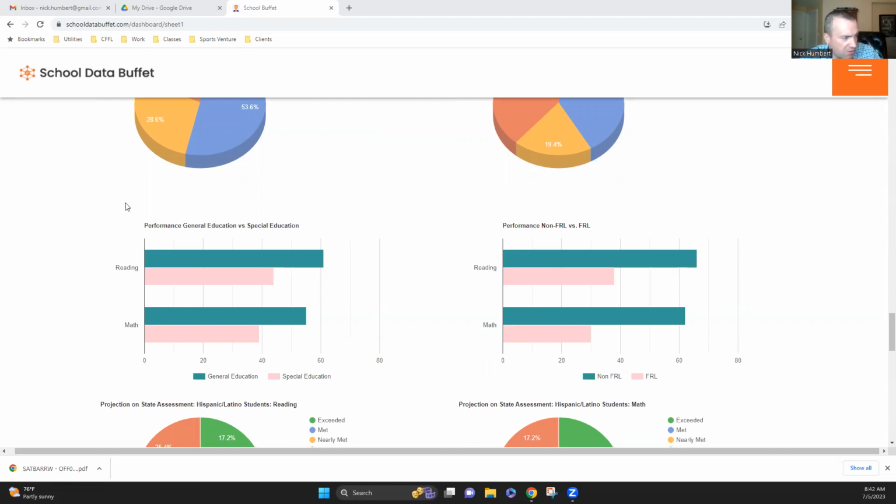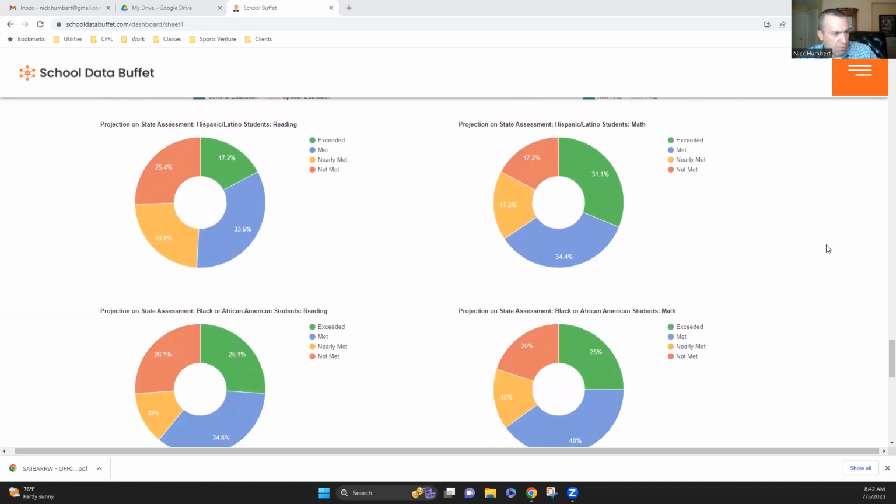And here, this is a breakout for one school example template for general education versus special education, and free and reduced lunch versus non-free and reduced lunch. That tends to be, especially after COVID, a major interest for some schools to see how economically disadvantaged students can possibly close some of these gaps that may have manifested since COVID.